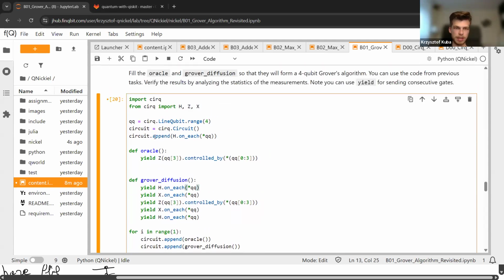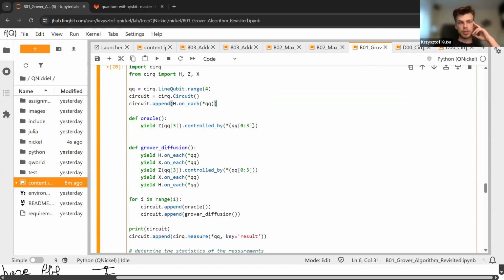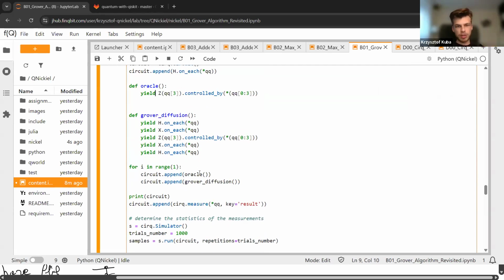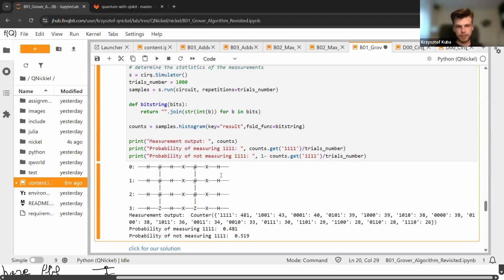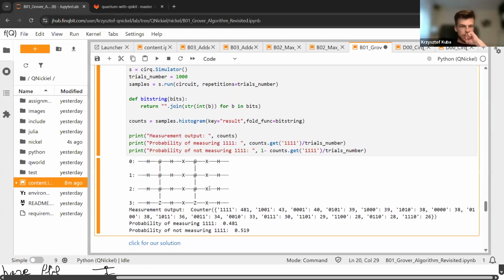So it's not just append right now. Append is for gates in a row. But if we would like to define a function and apply this function to our circuit, we drop this append method and add a yield method. And this should now work. And as you can see, we can now use append and the function, which yields all the gates. Yeah, so this is it.